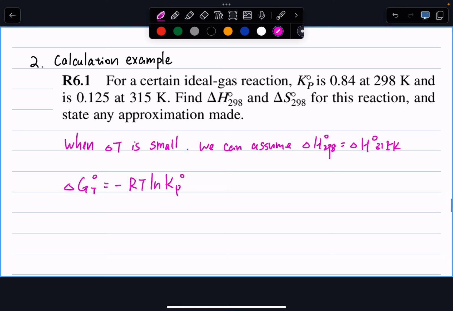Second thing we know, we have our van 't Hoff equation: d ln Kp naught over dT equals delta H naught over RT squared.